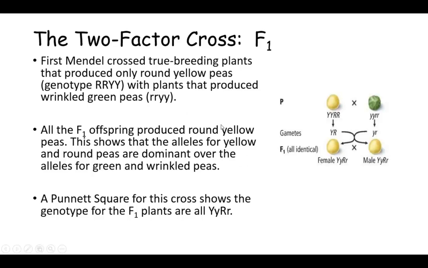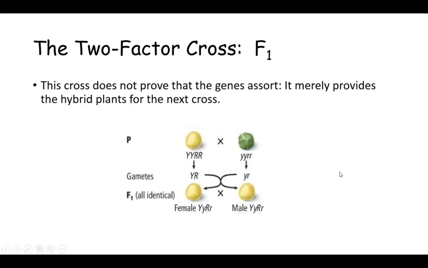A Punnett square for this cross shows the genotype for the F1 plants are all heterozygous for color and heterozygous for roundness. The two-factor cross, F1. This cross does not prove that the genes assort. It merely provides the hybrid plants for the next cross.